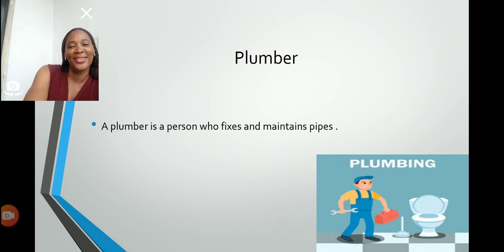A plumber. A plumber is the person who fixes and maintains pipes. You can see a plumber in the picture in this slide. He's holding his tools and is working in the restroom. I'd like you to really take note of the spelling of plumber and the pronunciation. Plumber is spelled P-L-U-M-B-E-R.